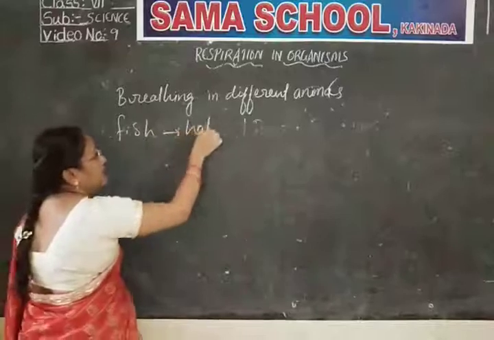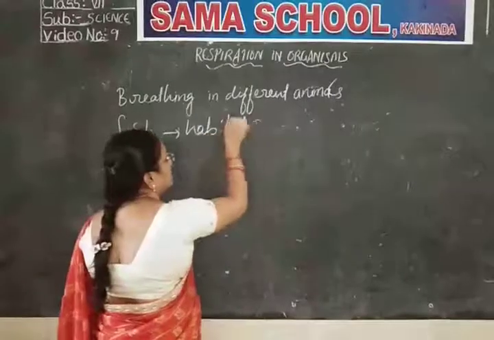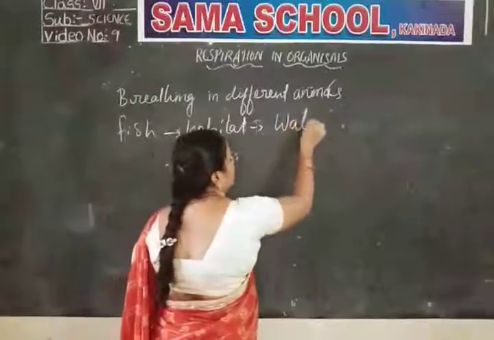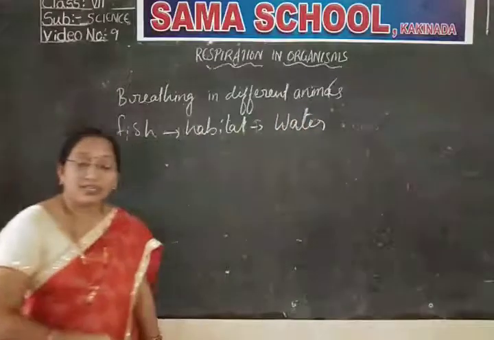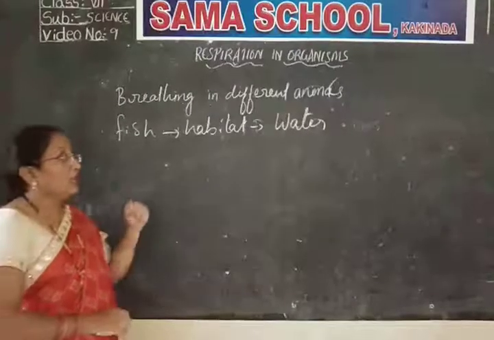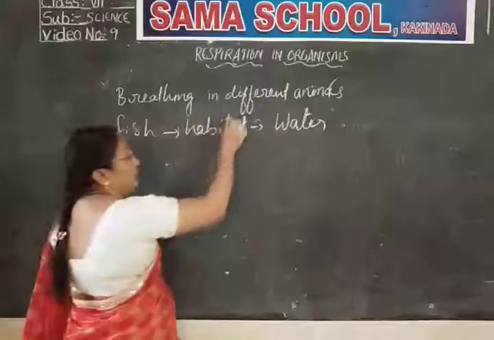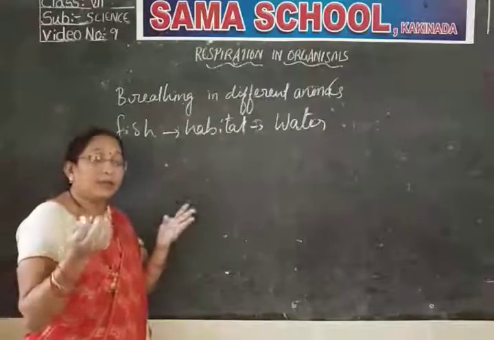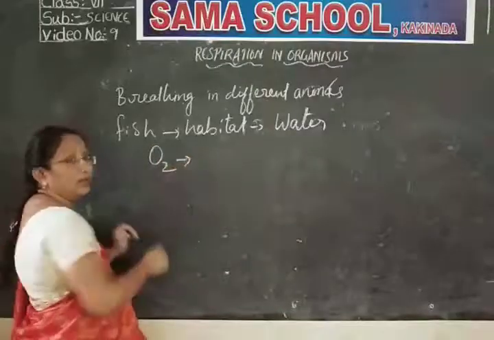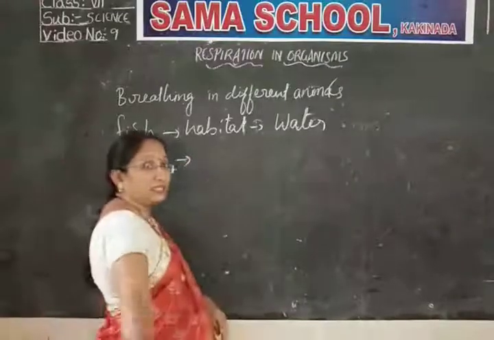What is the habitat of fish? Fish habitat is nothing but water. Aquatic organism, isn't it? Now, how do they breathe? They will also definitely take oxygen. Which type of oxygen?